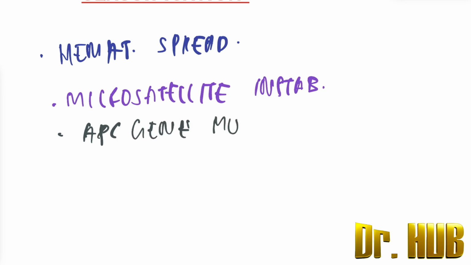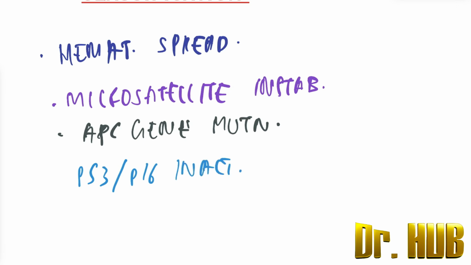Next is the presence of TP53 as well as P16 inactivation. To recap a few points: gland formation, hematogenous spread, microsatellite instability, APC gene mutation, as well as P53 inactivation.